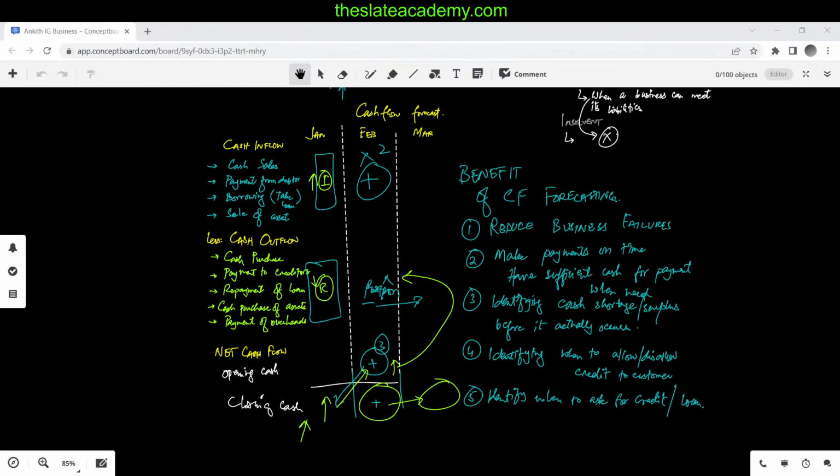For example, you foresee that in the month of March you'd be running low on cash, and that is the time you would perhaps need to borrow some money. Are you following me? If in January I start negotiating that in March I'll take a loan from this bank or whoever the financier is, then the chances are that I get a better interest rate, as opposed to when March arrives and I need cash right today or the next day, and I go up to them and ask for a loan.